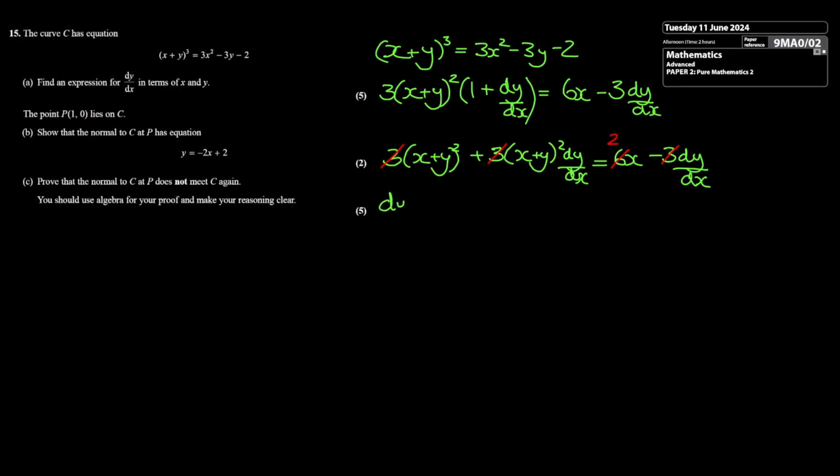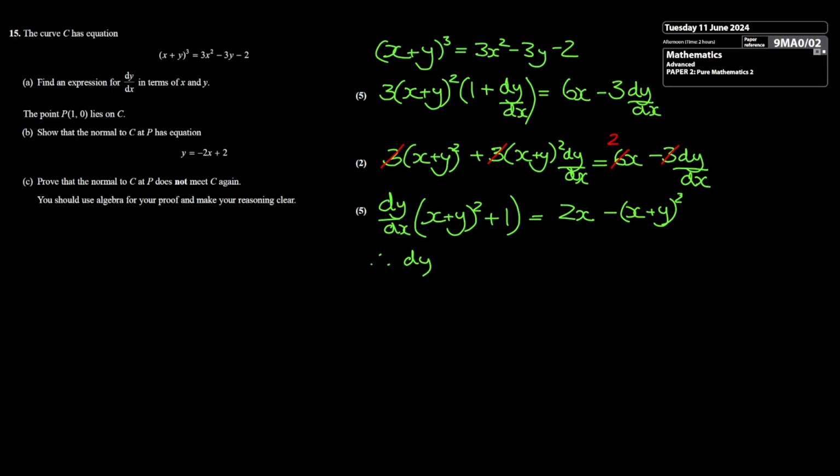So I'm saying dy/dx times (x plus y) squared. This term moves across, becomes positive, so this is plus 1, close that bracket, equals everything else. We've got 2x on that side, minus this term, which is (x plus y) squared.